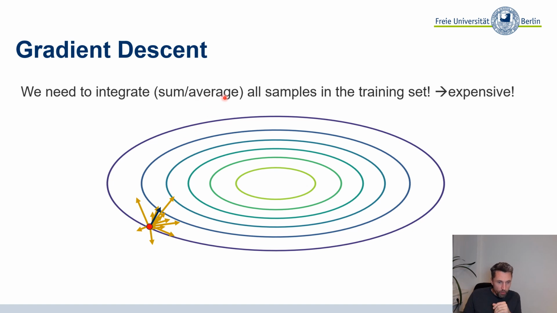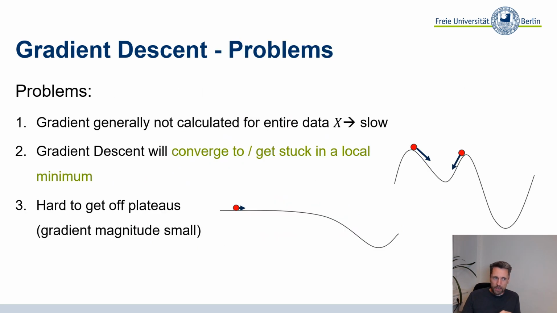But doing this for the entire data set, for each step that we want to do, is really expensive. And that's one of the problems that you will notice. It makes things slow. And also, memory consumption is high because you need to have all your data in memory, right?